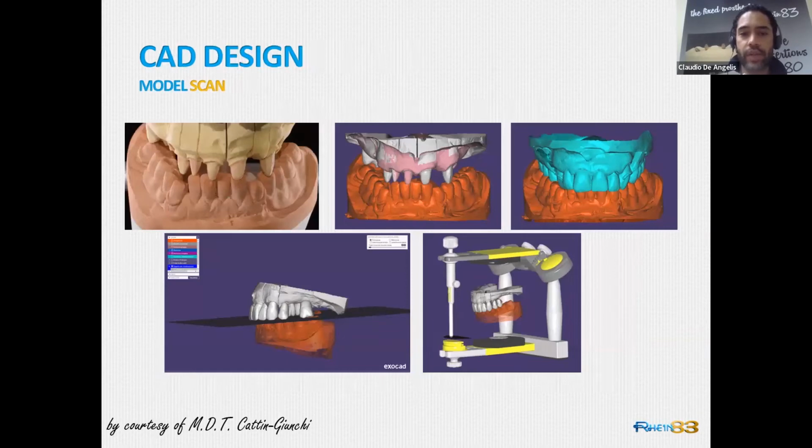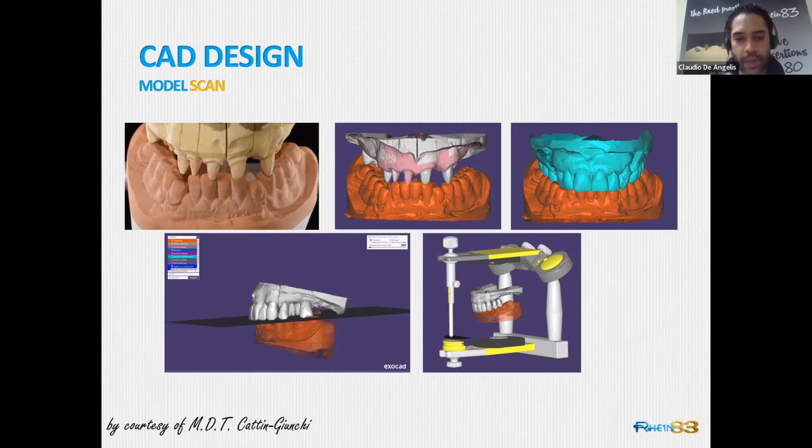They scanned everything, the old situation, the new situation of the prepared teeth, and, with a proper vertical occlusion, they put them in a digital articulator also.